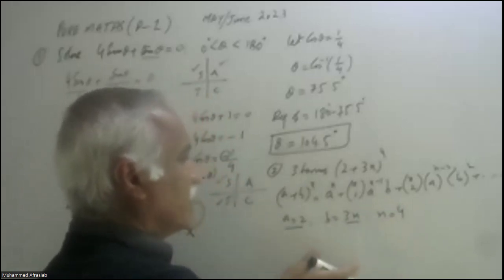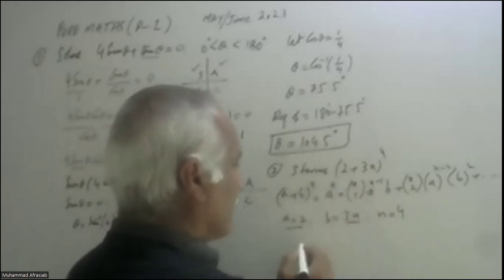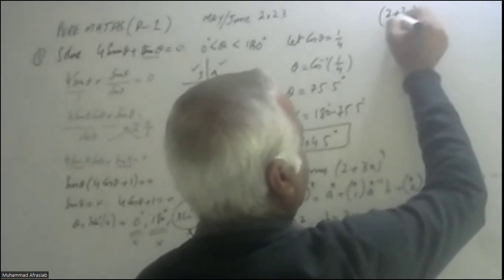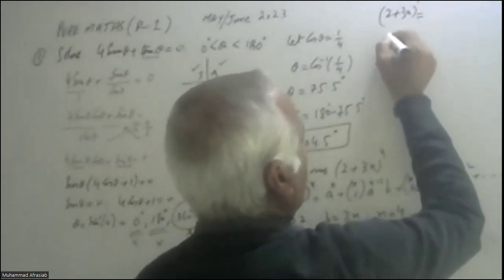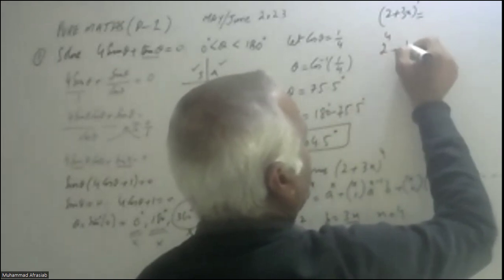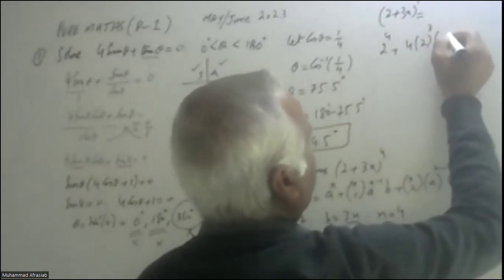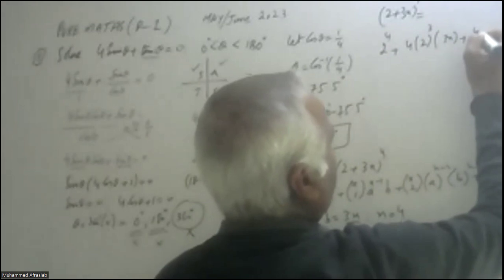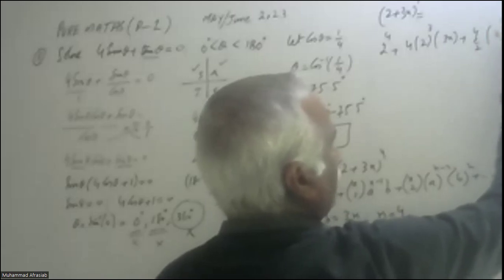So we can use this formula: 2 plus 3x to the power 4 is equal to 2 to the power 4 plus 4 into 2 cubed into 3x plus 4C2 into 2 squared into 3x squared and so on.